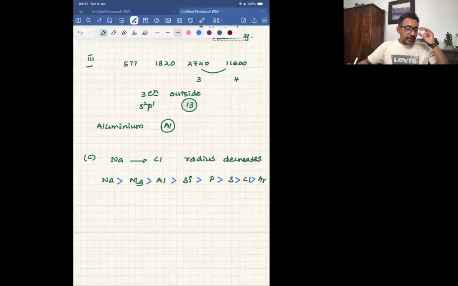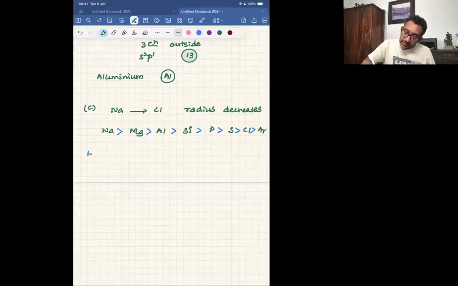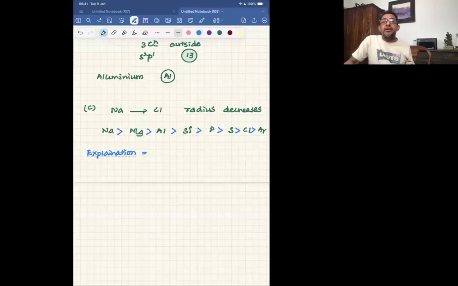And then what is the explanation? What is the reason? What do you think? What happens? The number of energy levels doesn't change, but the effective nuclear charge increases because every time you move from one element to the next, from the left hand side to the right hand side, you are adding one more proton to it. One more proton means effective nuclear charge increases, so that the electrons are attracted towards the nucleus.